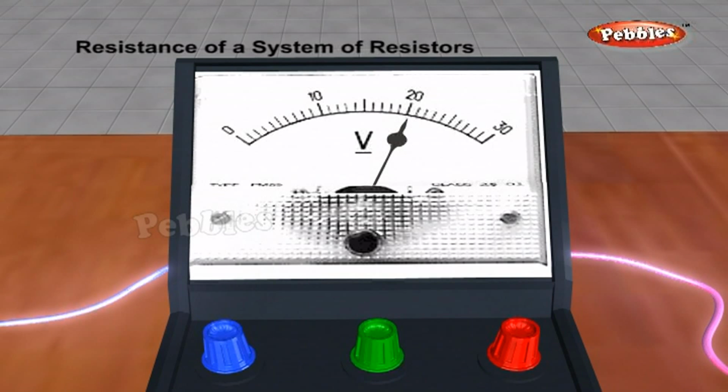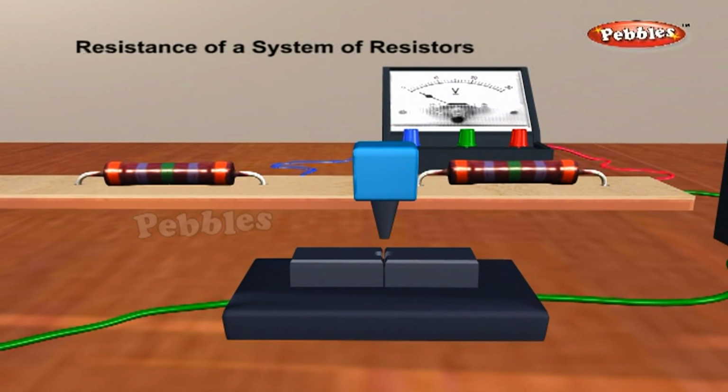It gives the potential difference across the series combination of resistors. Let it be V. Now measure the potential difference across the two terminals of the battery. Compare the two values. Take out the plug key and disconnect the voltmeter.